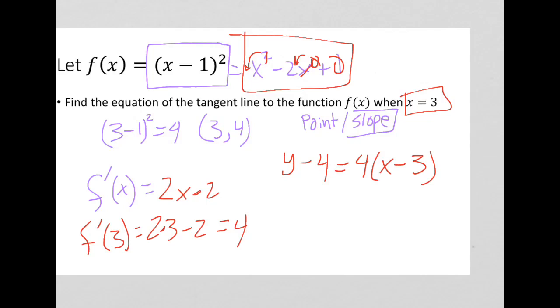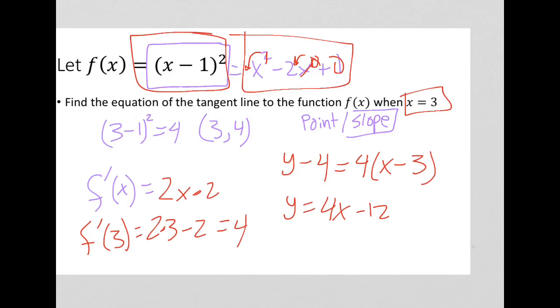You can always check yourself. Graph this function on your calculator, and calculate the tangent line there. Do the draw feature to draw the tangent line, and compare it to this equation. If you rewrite this in slope-intercept form, y equals 4 times x is 4x. 4 times negative 3 is negative 12.